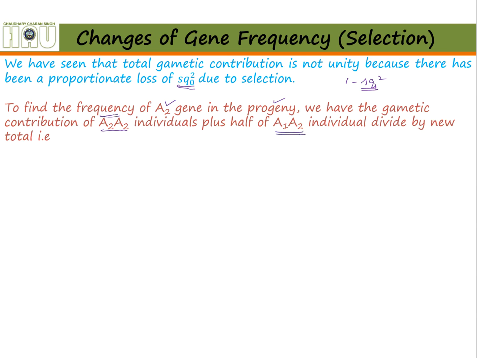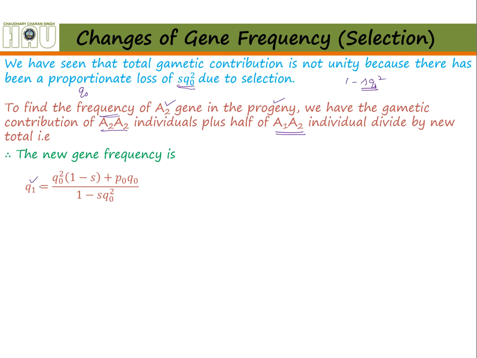That can be done by taking the contribution of the A2A2 individual plus half of the contribution of the heterozygotes, divided by the total. The new gene frequency is Q1, because in the initial generation it is Q0.